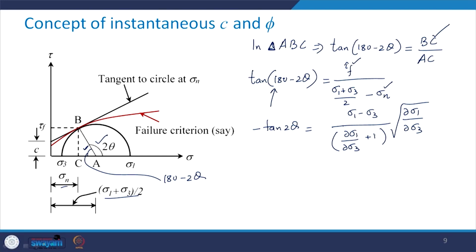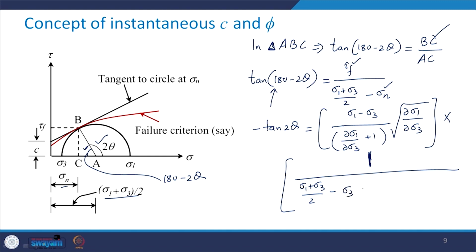This is what is your tau f, and this whole thing multiplied by 1 upon this quantity. So I will write it here, 1 upon sigma 1 plus sigma 3 upon 2 minus sigma 3 minus sigma 1 minus sigma 3 divided by del sigma 1 del sigma 3 plus 1. It is going to be this quantity because sigma n we obtained that is given by this expression.